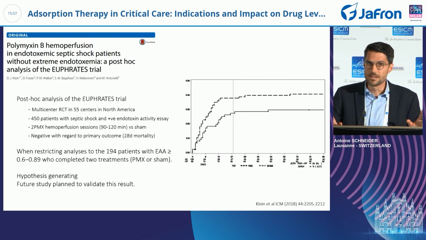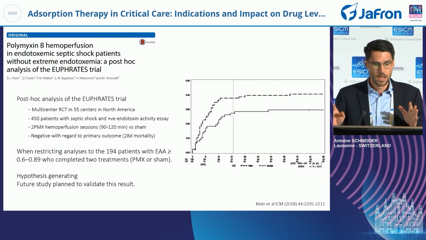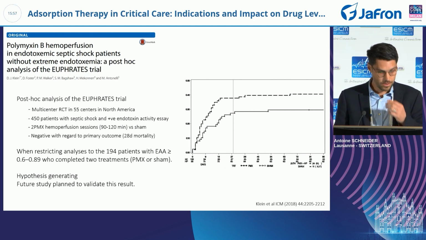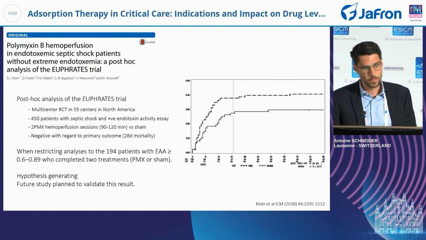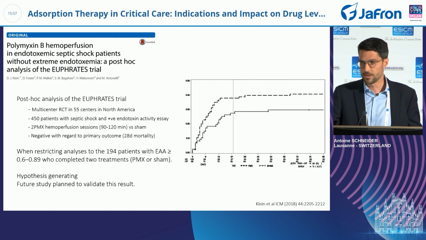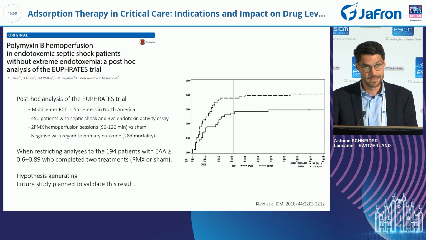And this is consistent with a secondary analysis of the Euphrates trial. You might remember the Euphrates trial was also trying to assess hemoperfusion with polymyxin, and they had an endotoxin assay to ascertain that the endotoxin was positive in the patient. It was a multi-center randomized control trial that was negative regarding its primary endpoint.